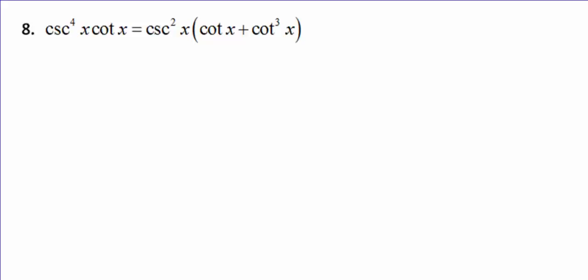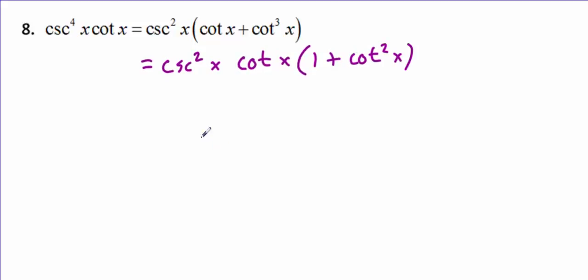We're on a roll. Number 8 actually looks to me like almost an identical problem to number 7. Different trig functions, but really the same concept. On the right-hand side, if you look inside the grouping, you see how we have a cotangent here and 3 cotangent here. So let's factor out one of those cotangent of x's. That leaves me with 1 plus cotangent squared x.